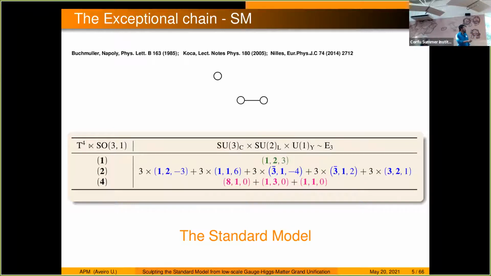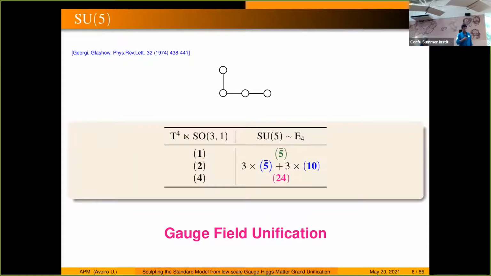So they are in 4 dimensions. They are vectors. If you go up one level to SU(5), which was actually the first GUT proposed by Georgi and Glashow back in 1974, you put all the gauge fields in the same unified representation. So this is gauge field unification.